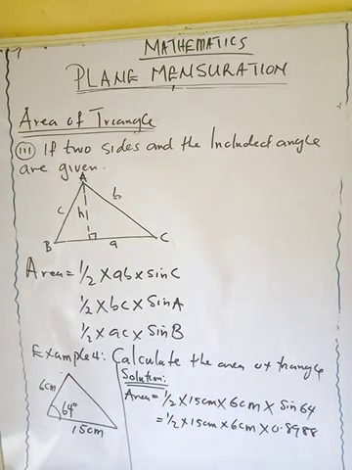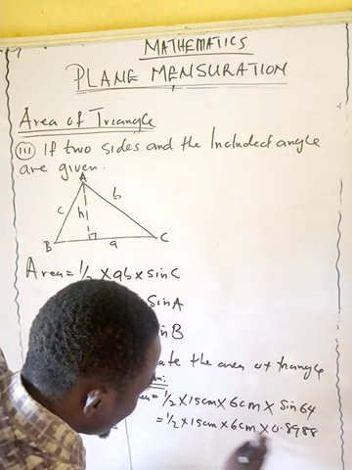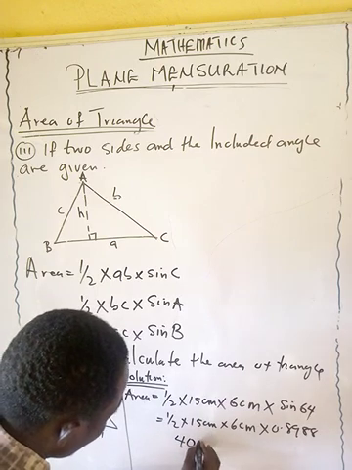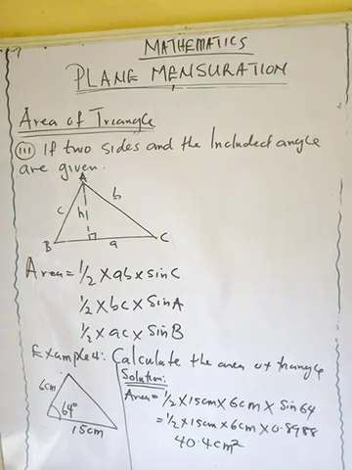So let's do the calculation. 15 times 6 times 0.8988, divided by 2, will give us 40.4 centimeter squared.